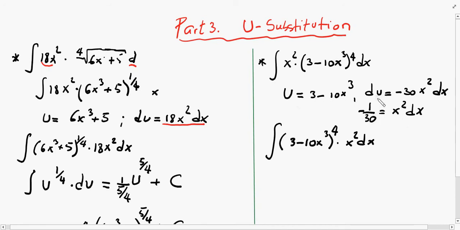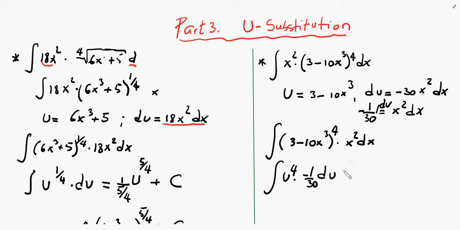I forgot to put du here, so we need a du here. This is going to give us u to the power of 4 times minus 1/30 of du.